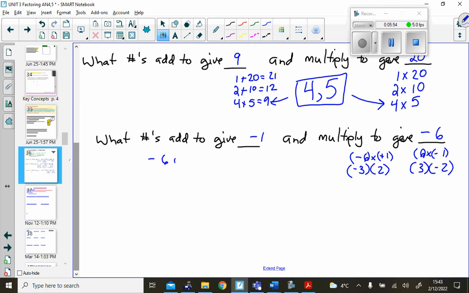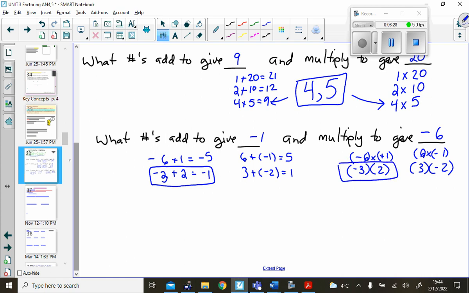Negative 6 plus 1 is negative 5. 6 plus negative 1 is positive 5. Negative 3 plus positive 2 equals negative 1. And 3 plus negative 2 equals positive 1. The numbers that add to give negative 1, but multiply to give negative 6, are negative 3 and positive 2.